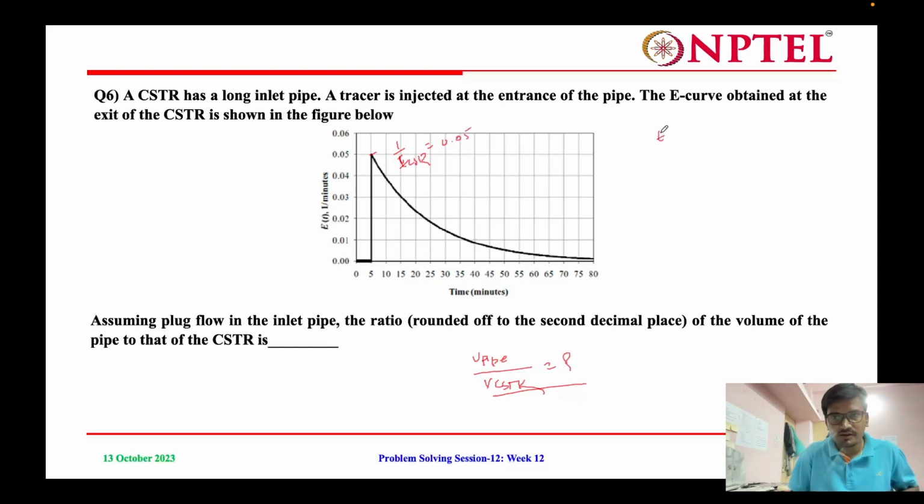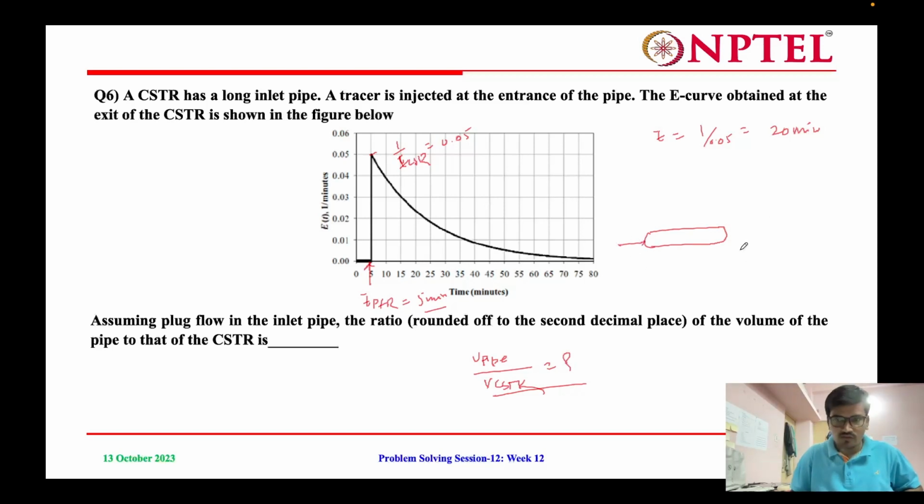And tau equals 1 by 0.05, which is 20, the residence time of the CSTR. Initially we assume the PFR. So tau PFR equals 5 minutes, right? It is given in the question that this is a long pipe considered as plug flow.